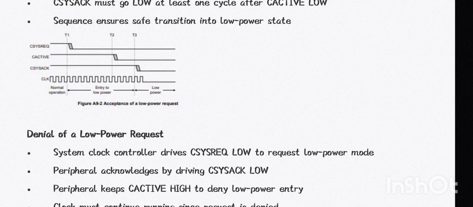The peripheral drives CACTIVE low to indicate the clock can be removed. The peripheral then drives CSYSACK low to confirm low power entry. CSYSACK must go low at least one cycle after CACTIVE low. The sequence ensures safe transition into low power state.